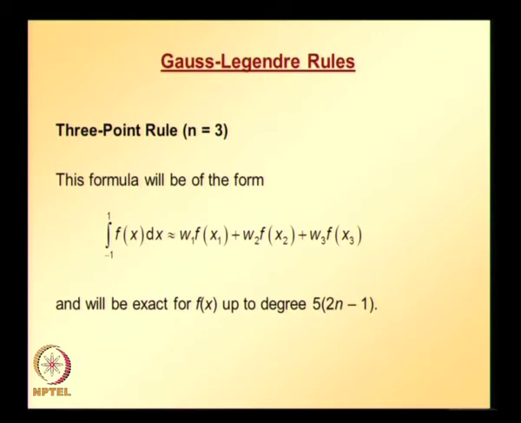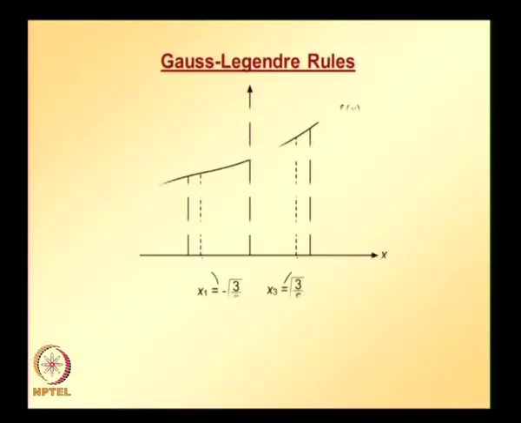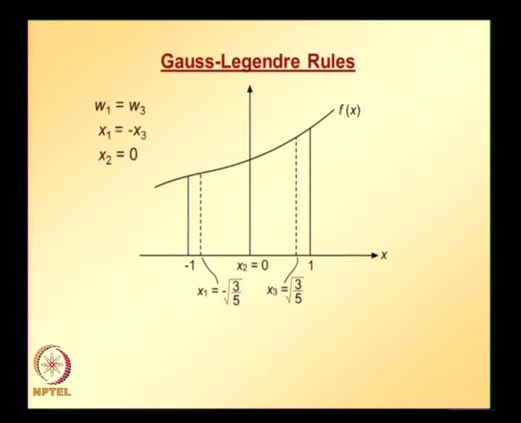So we impose these conditions and determine these 6 unknowns, and the solution of the 6 equations results in this, that is w1 is equal to w3, x1 is equal to minus x3, x2 is equal to 0.